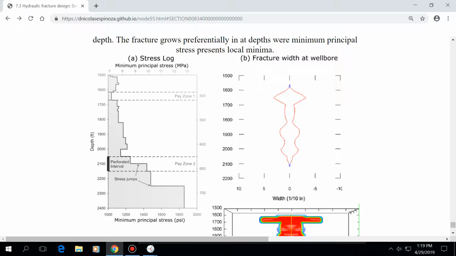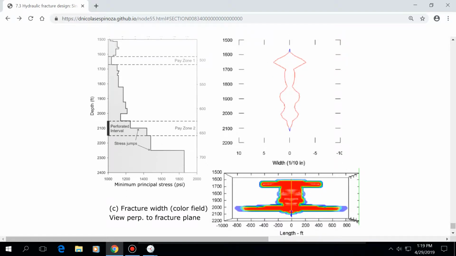It will find some regions of low stress where it's going to grow a lot more than in others, like here at the bottom, and it will grow up again until, in this case, it finds another sweet spot to grow, which is that one. And if there is a stress barrier, then it's not going to grow anymore.